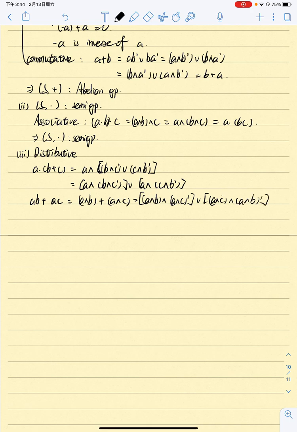Okay, A and B and A prime, or C prime, or A and C and A prime or B prime.